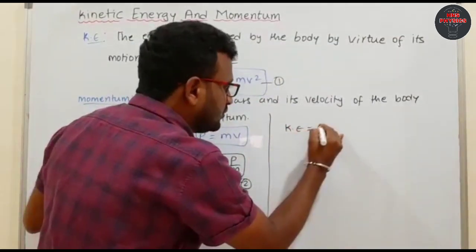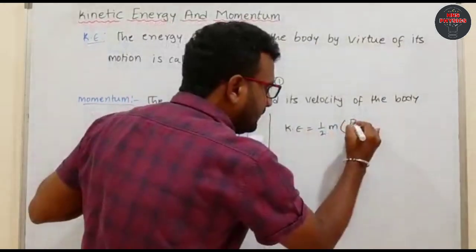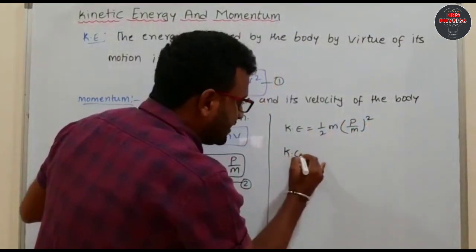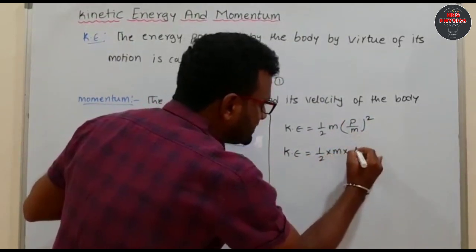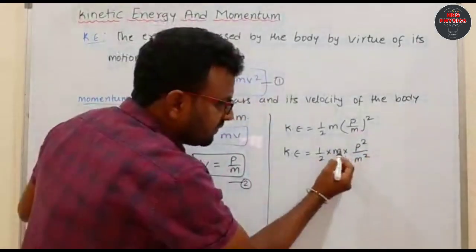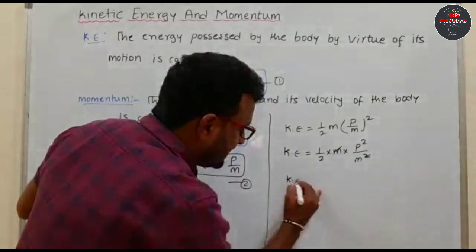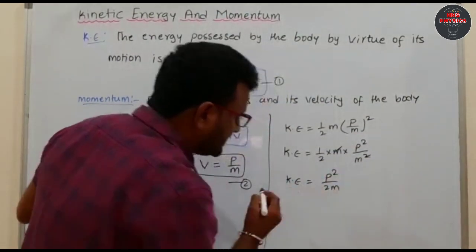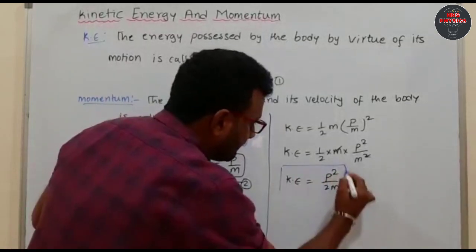Kinetic energy equal to half m, in place of v you can write P by m, so P by m whole square. Then kinetic energy equal to 1 by 2 into m into P square by m square. From here one m cancels, so kinetic energy equal to P square by 2m. This is the relation between the kinetic energy and momentum.